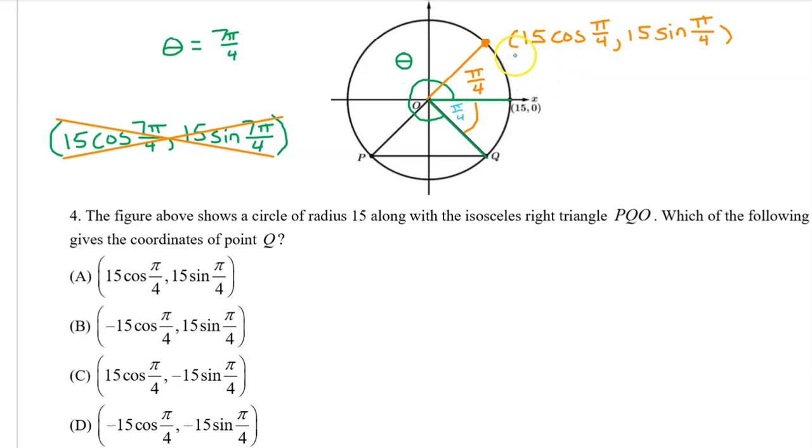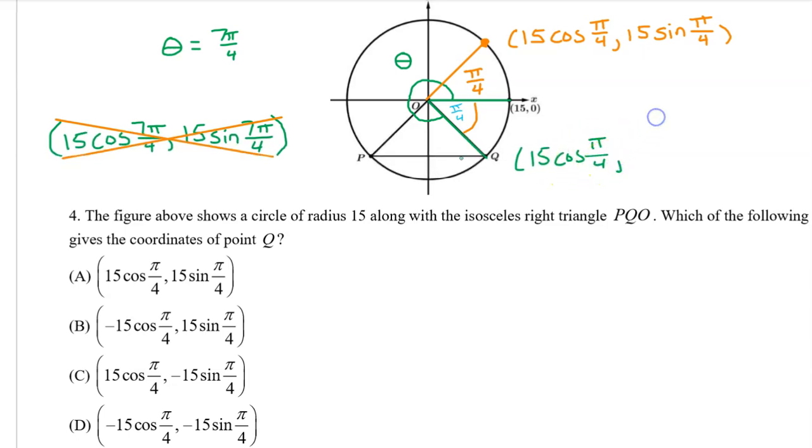We can use symmetry to translate these coordinates into the coordinates of point Q. Because point Q and this orange point are equally far to the right, they will both have the same x value. So point Q will have an x coordinate of 15 cosine pi over 4.